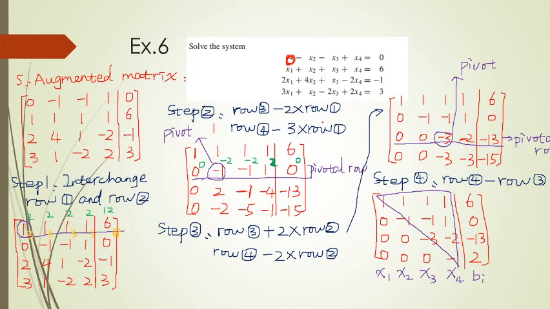Another row is the pivot row, right? Here, row 1 is the pivot row. And this is also row operation type 3, okay? And this is row operation type 3 also.